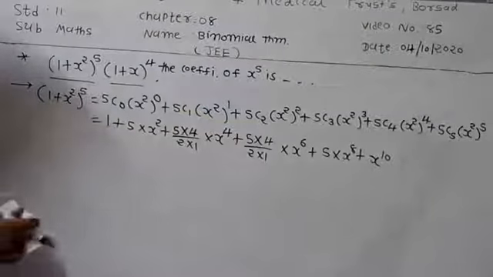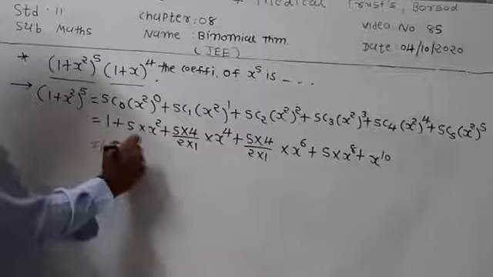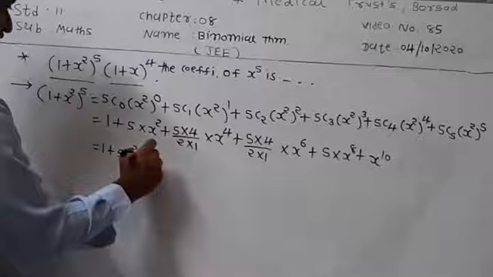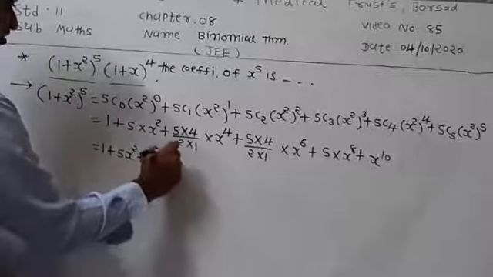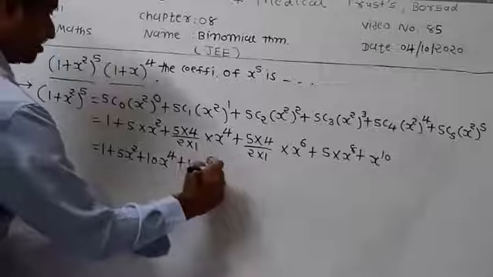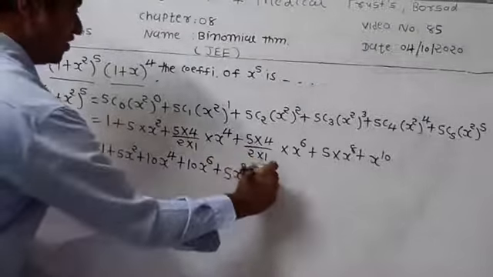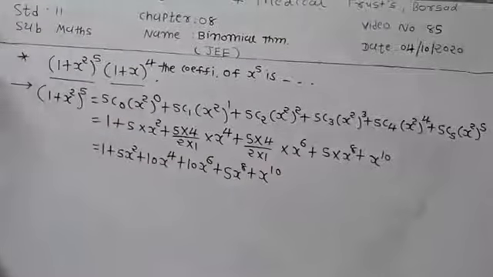Now again simplifying this term, it is equal to 1 plus 5x square plus 10x raised to 4 plus 10x raised to 6 plus 5x raised to 8 plus x raised to 10.